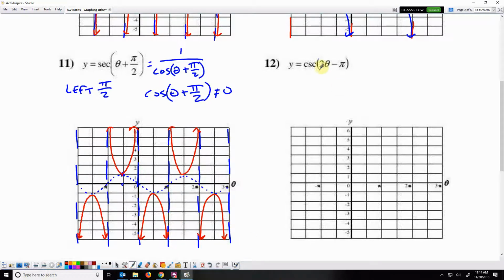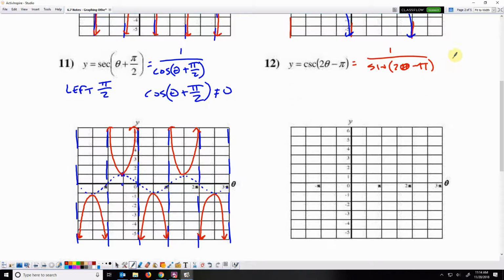And our last graph is y equals cosecant 2 theta minus pi, which is the same as 1 over sine 2 theta minus pi.